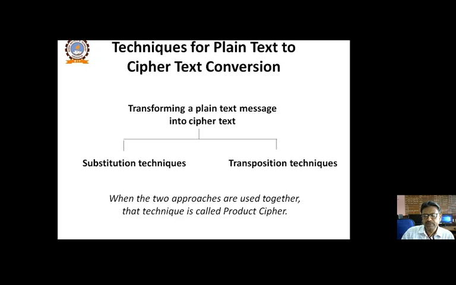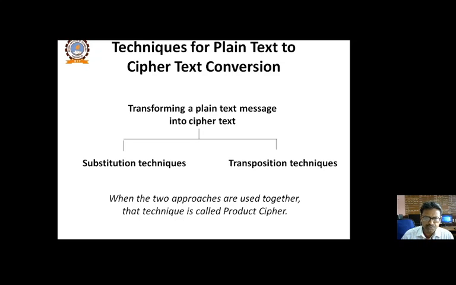Transposition technique is a little bit different. It is also called permutation technique, in which, whatever message we have, we change the position of the individual characters or alphabets so that the message becomes unreadable.